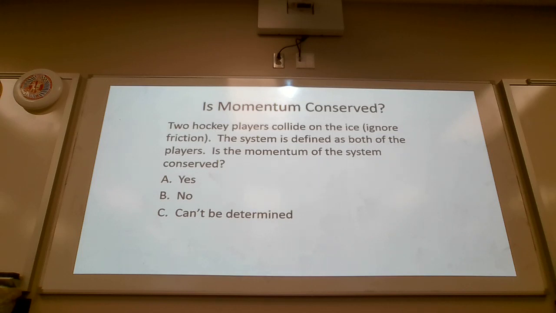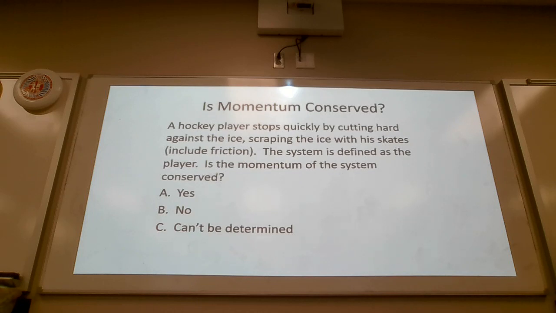Correct answer now is yes. This is just like the bowling ball, bowling pin example. You okay with that? Next scenario.